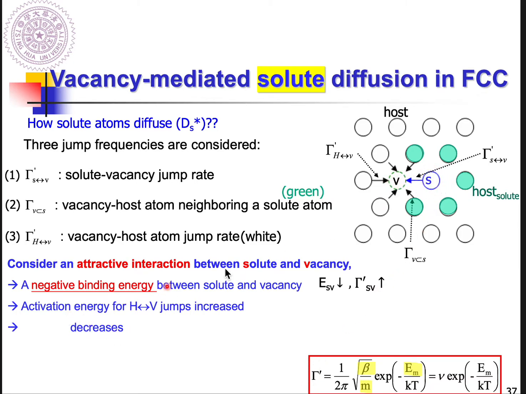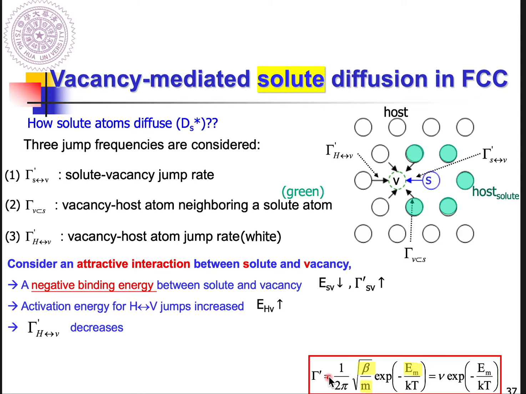The other important assumption is, compared with this one, the host-vacancy jump energy will be higher. And if you get the higher energy term, then you will get the lower atomic jump rate.